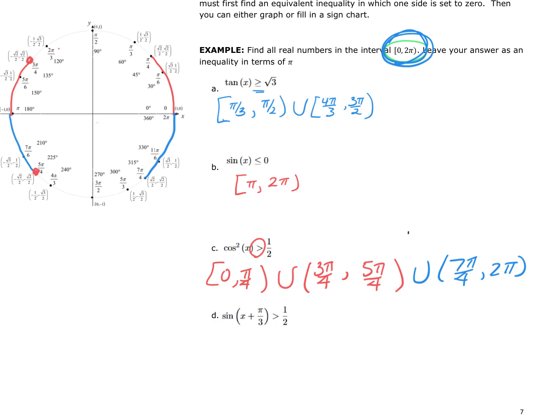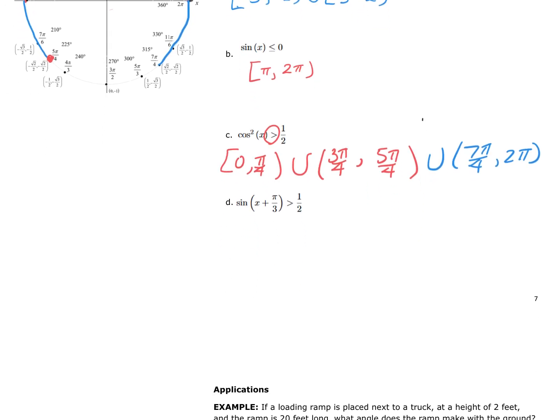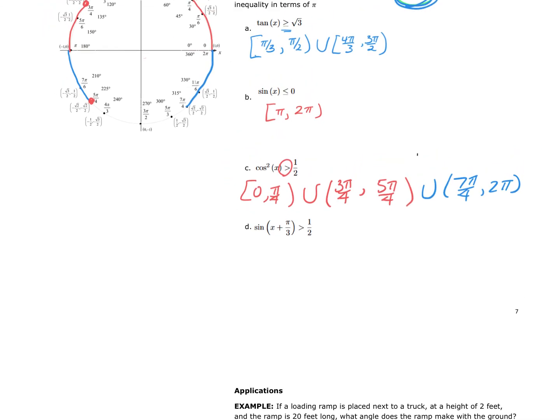All right. Let's take a look at our last one. We have the sine of x plus pi thirds has to be greater than 1/2. So as before, I have x plus pi thirds. I'm going to look for the interval in which I am bigger than 1/2.